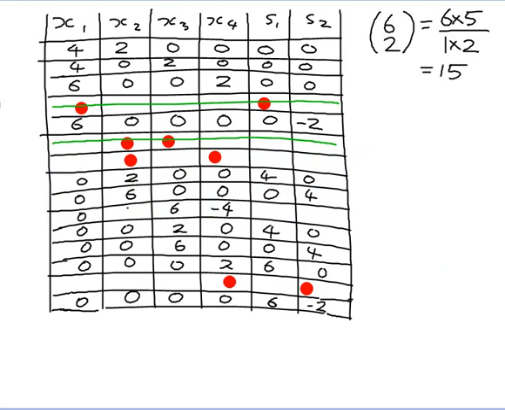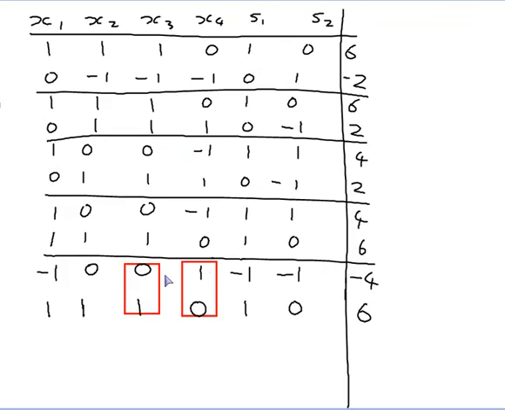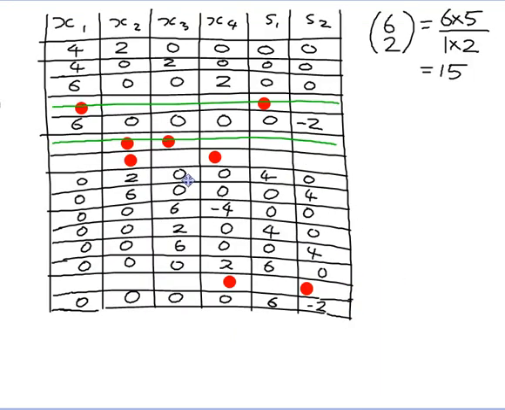And all the rest are 0. I can use these two as well. So from here, x2 is 6 and x4 is minus 4, and all the rest are 0.